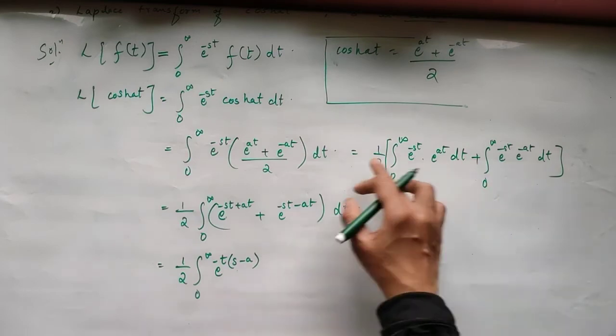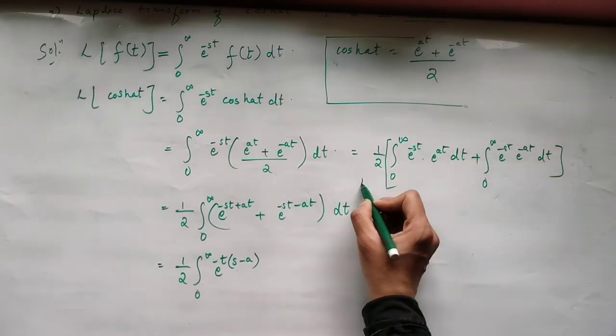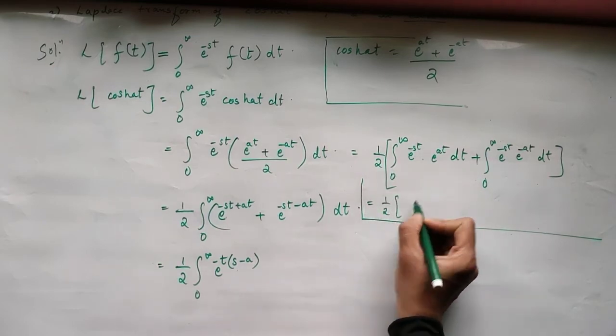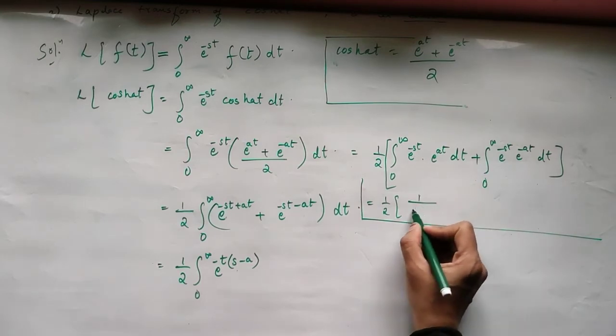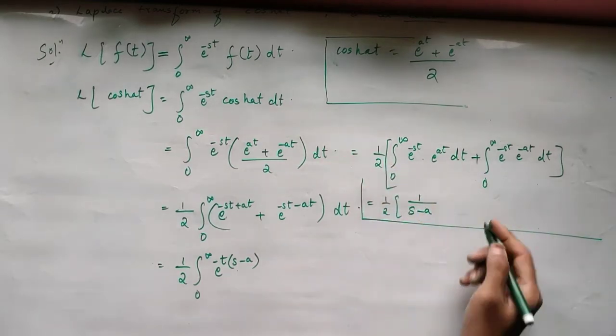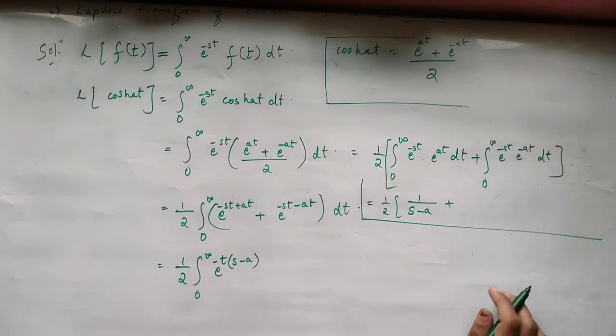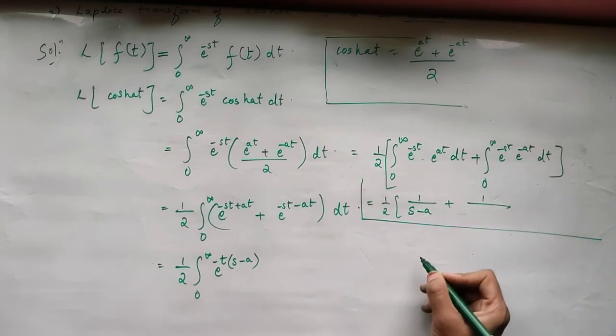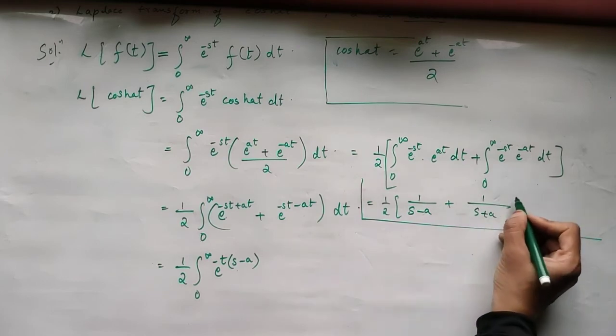Is it not? You can solve it like this also. Previously you have already solved the Laplace transform of e to power at. So it is half, Laplace transform of e to power at, which you have solved in the previous problem itself, so it is 1 divided by s minus a, plus Laplace transform of e to power minus at. In place of plus a you are writing minus a, so you get 1 divided by s plus a.